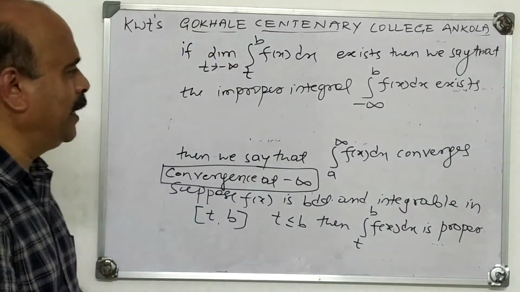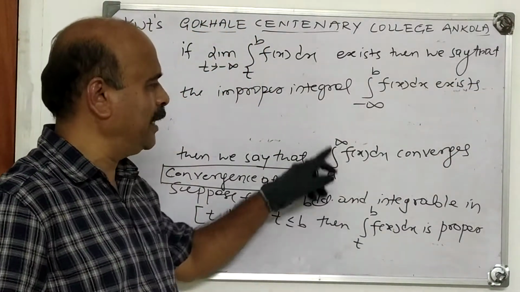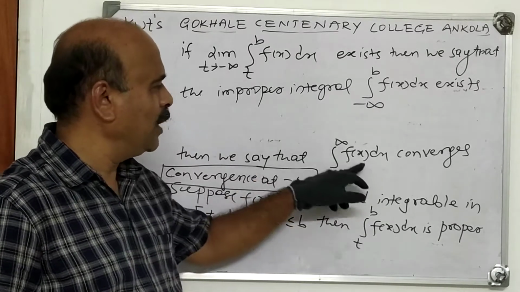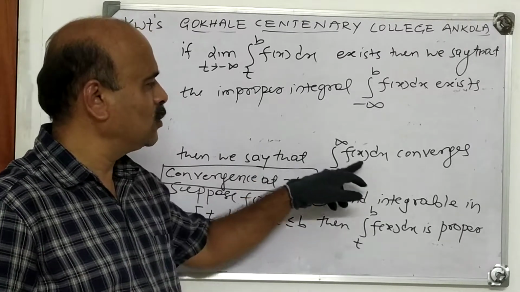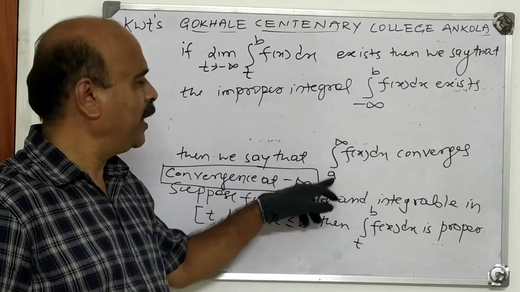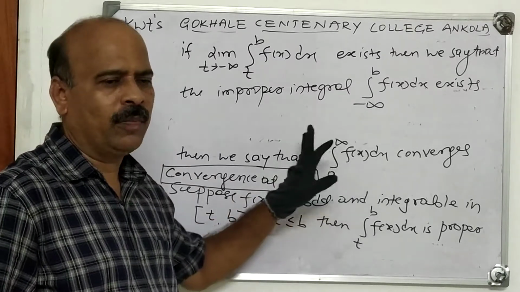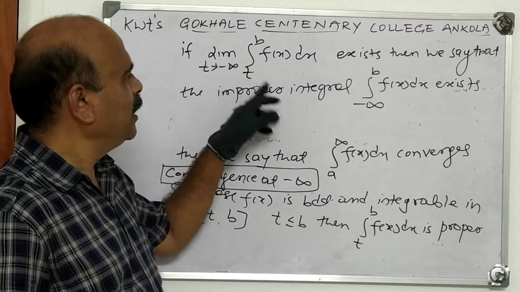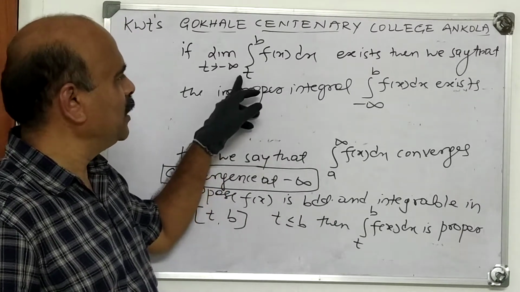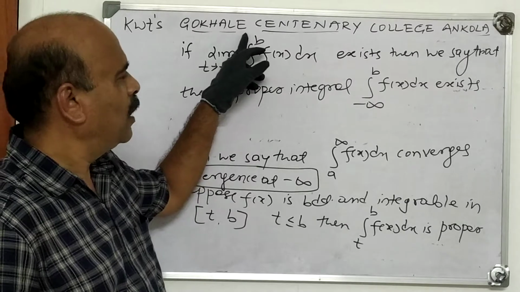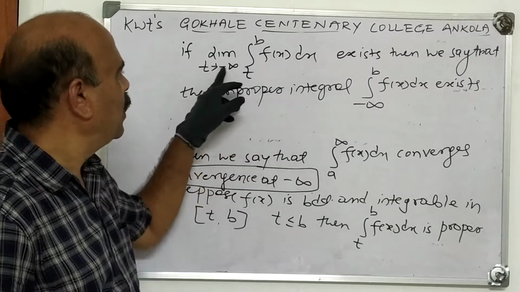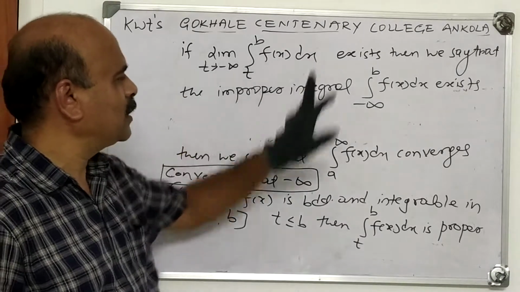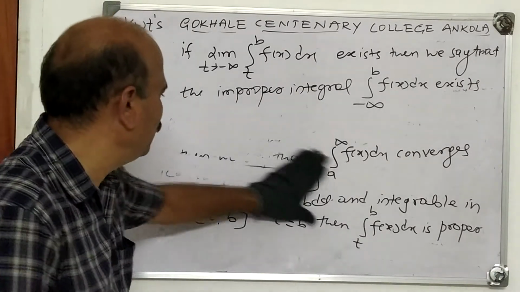Definitions are similar. When we say that a to infinity f(x) dx converges, the limit of a to t f(x) dx as t tends to infinity exists, where a to t f(x) dx is proper. Similarly, we say that the integral minus infinity to b exists if the limit as t tends to minus infinity of t to b f(x) dx exists. These are the definitions.